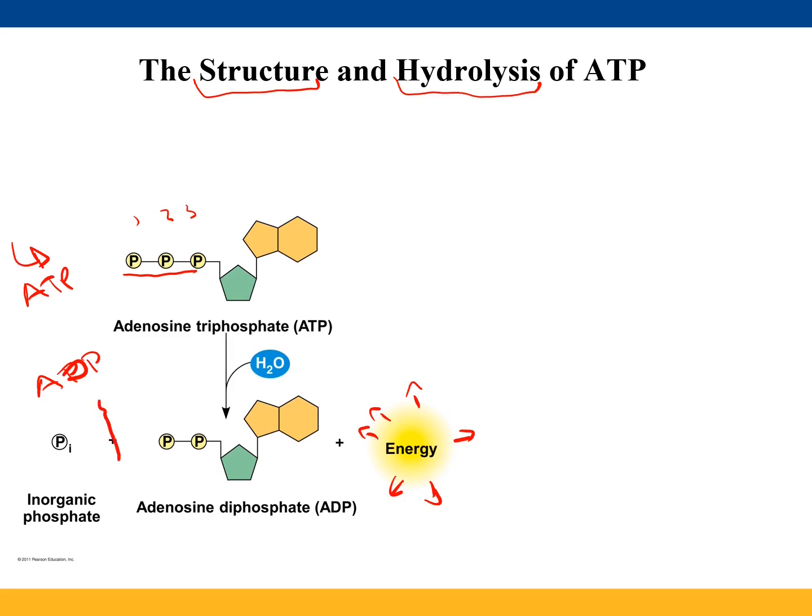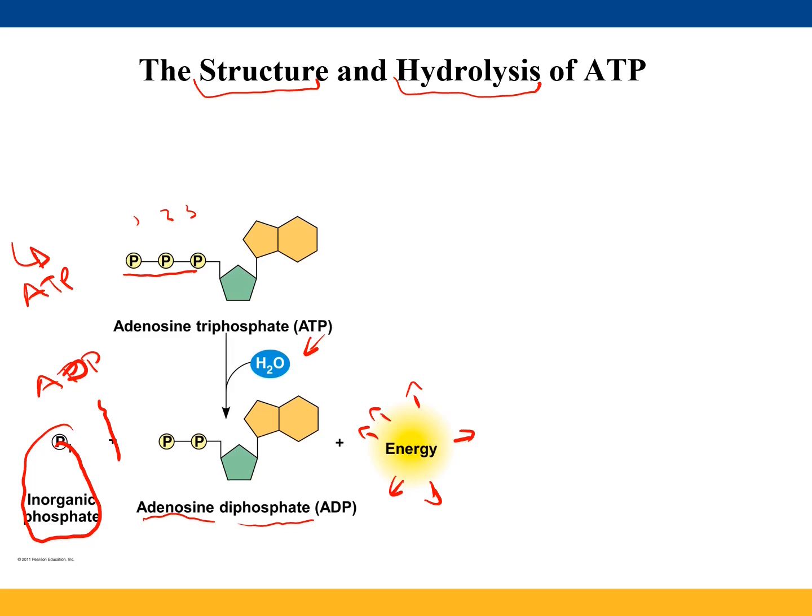And so you add water and you can break it, and you will now have an inorganic phosphate, but this will release energy. And now the ADP, so the adenosine diphosphate, will be a molecule with a lower state of energy, and this will allow to couple both exergonic and endergonic reactions.